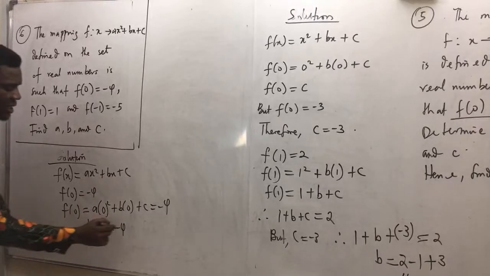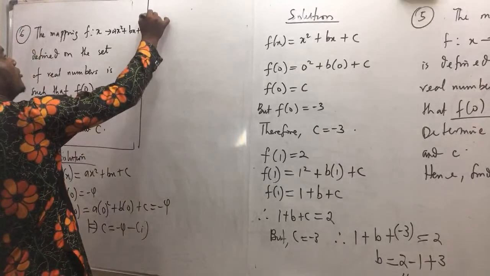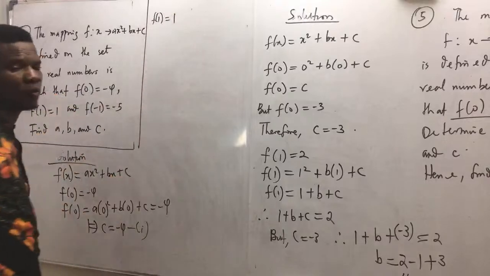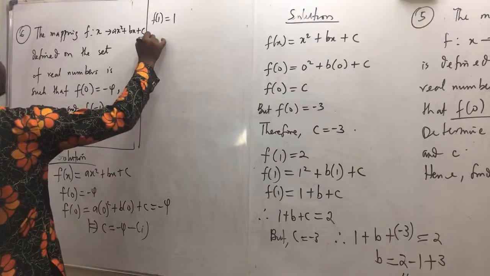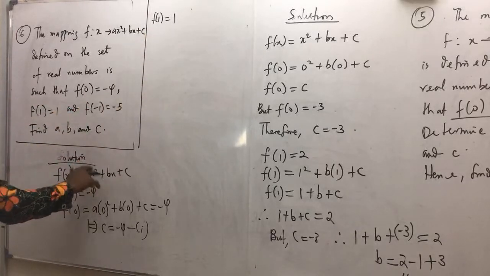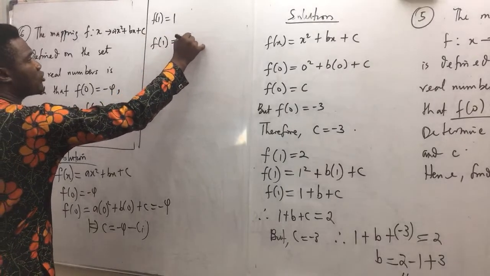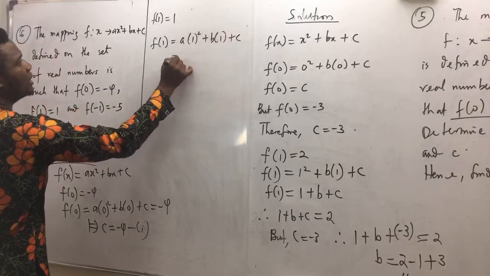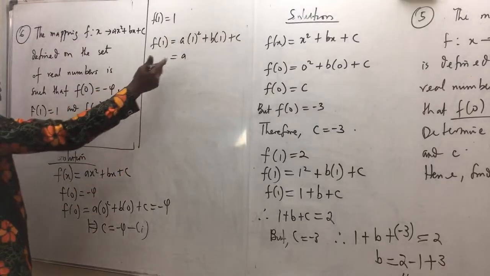You can put that as equation 1. You will now come over to f of 1. We are told f of 1 is equal to 1. You put 1 in place of x in the equation, and f of 1 gives a times 1 squared plus b times 1 plus c. 1 squared is 1, guys, so 1 times a gives you a.